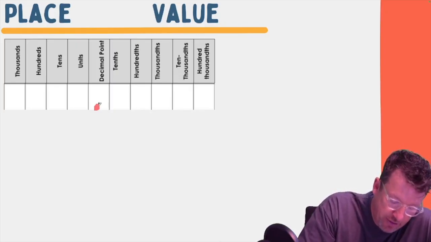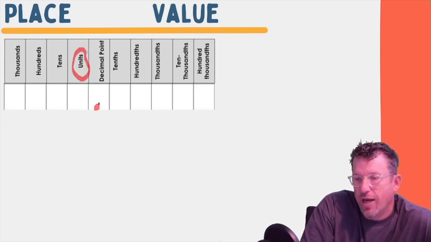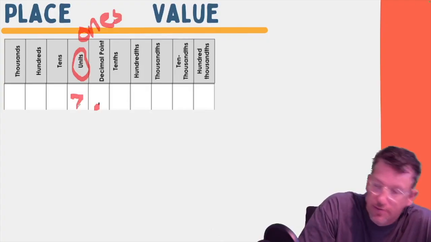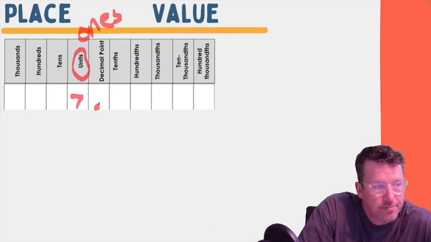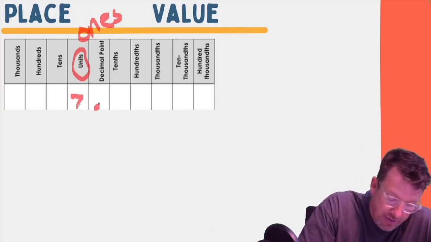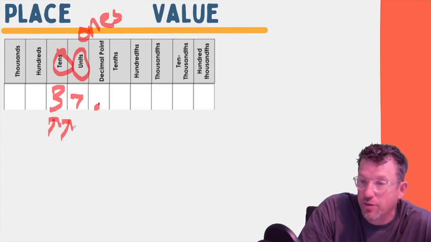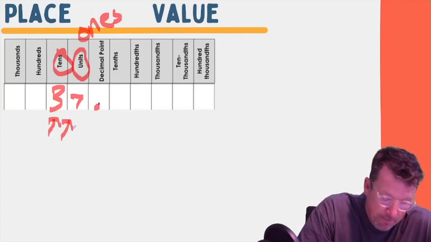So my place value chart here says units, but I don't really like it that way, so I'm just going to say it's ones. If I have 7 here, I have 7 ones, so it's just 7 total. This next place over here is tens. So if I put a 3 here, that means I have 3 tens and 7 ones for a total of 37. And so forth and so forth.